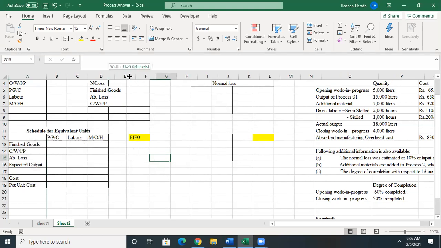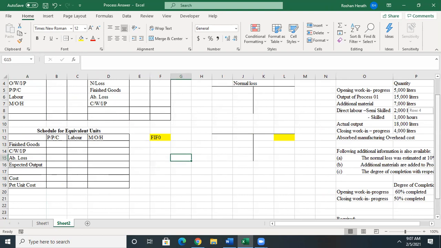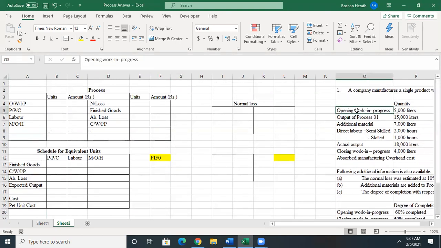So you can feed the given information. Let us feed the given information without taking much time.